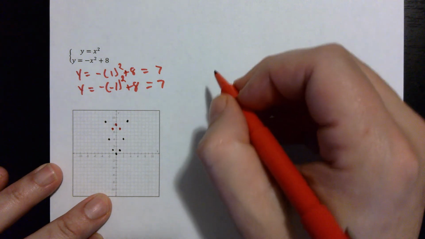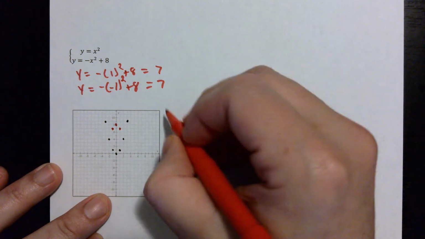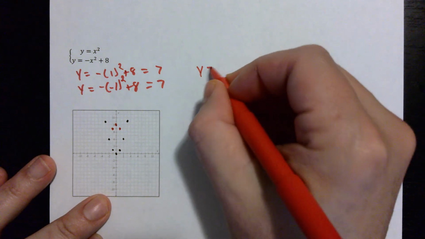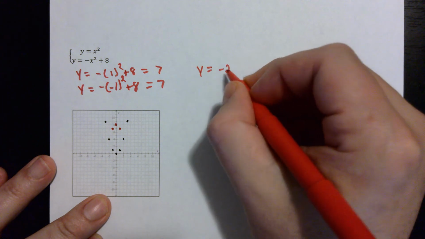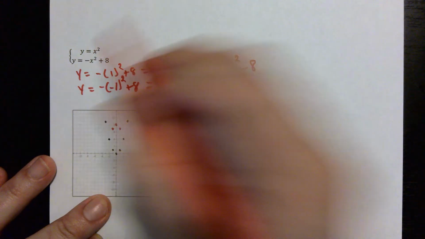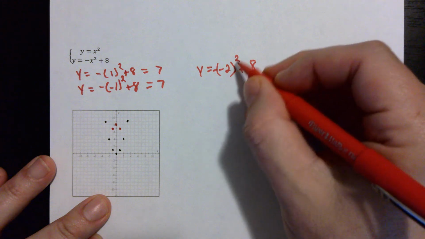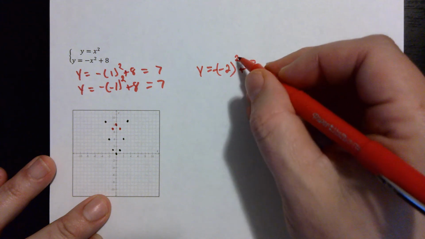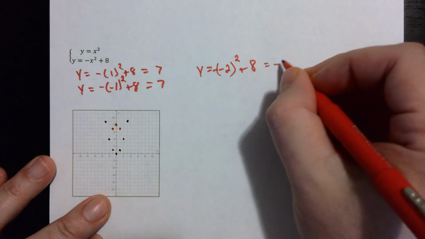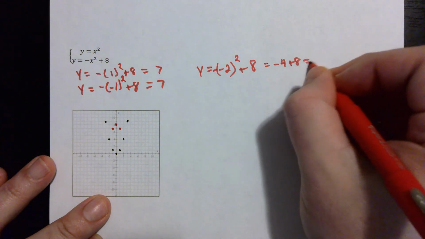Okay. And then the next one would be, let's say, 2 and negative 2. So y is equal to negative 2 squared plus 8. Let's put a negative out front too, because the negative gets turned into a positive 4 because of this exponent, but then the negative out front makes it negative again. So it ends up being negative 4 plus 8, which is 4.